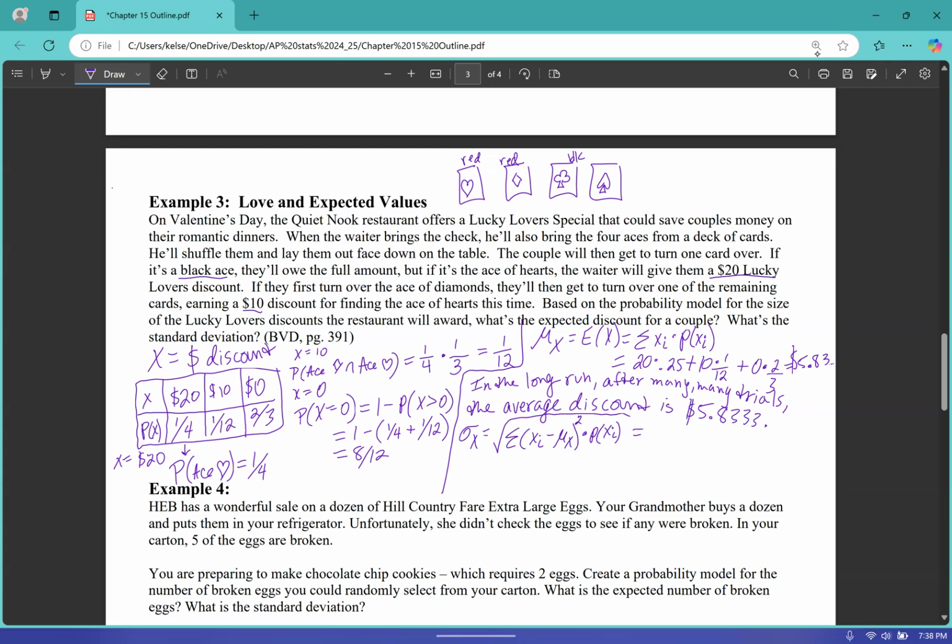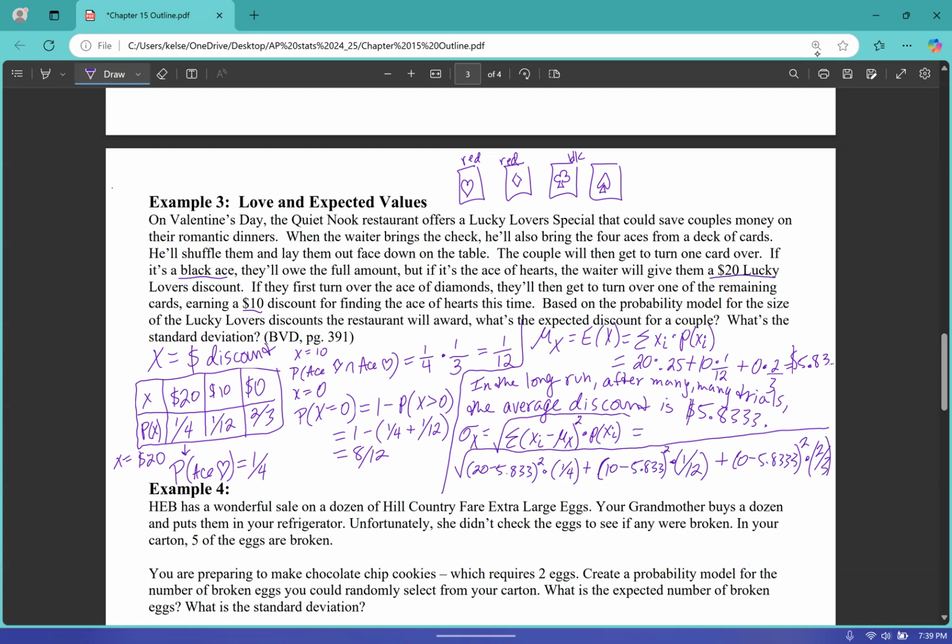Okay, so we have 20 minus 5.833 squared times 1/4 plus 10 minus 5.833 squared times 1/12 plus 0 minus 5.8333 squared times 2/3. And then square root all of that.